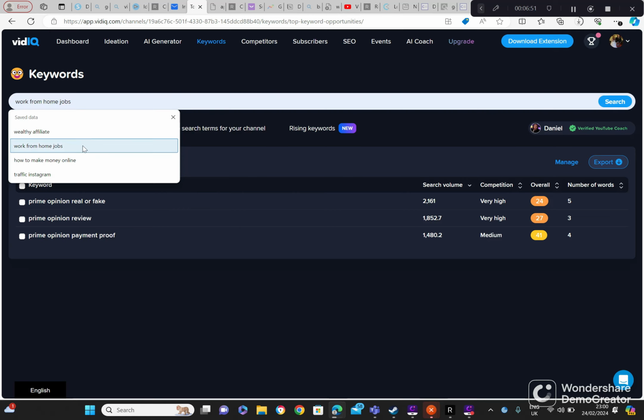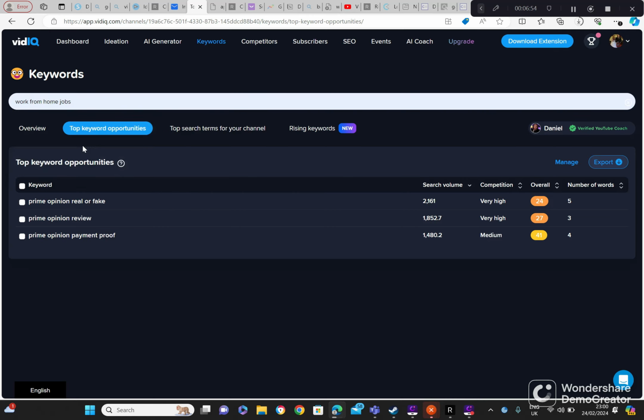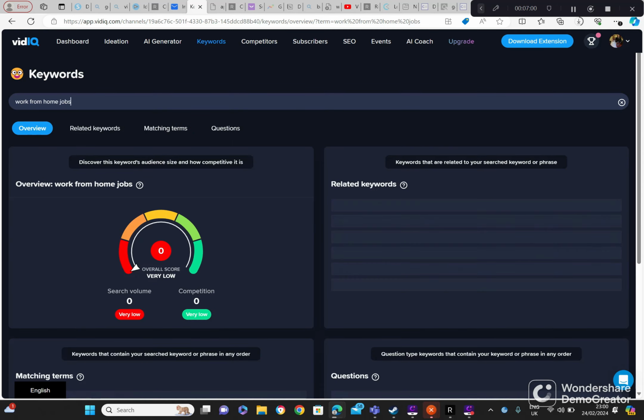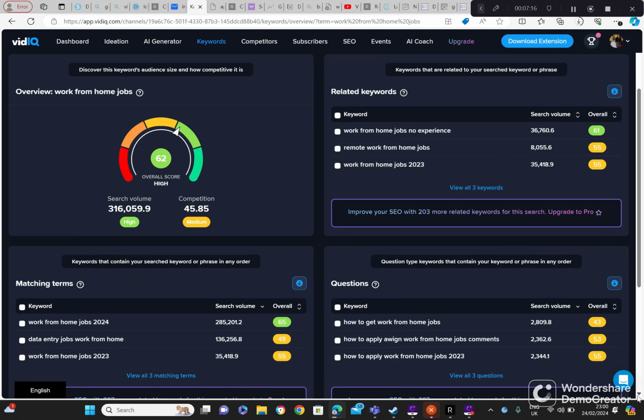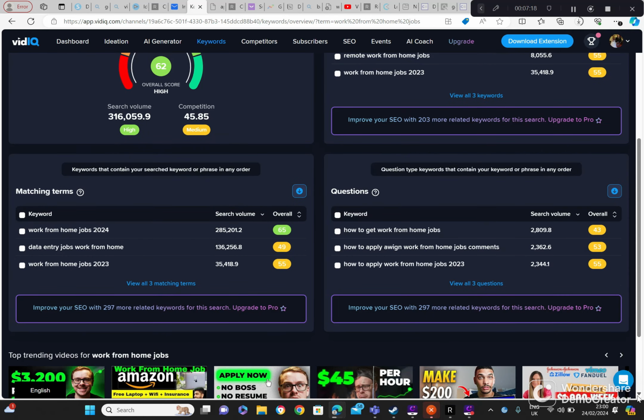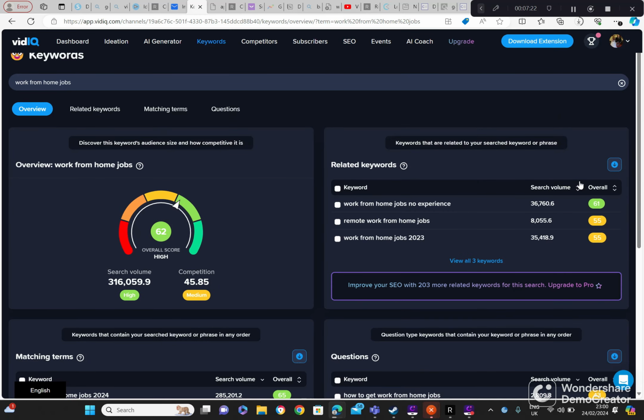So maybe just type in work from home jobs and see what that comes up with. Press enter, and here it tells us the search volume, which is quite high, and for that the competition is medium again, but we are probably looking at upgrading to Pro, and you'll get a lot more.